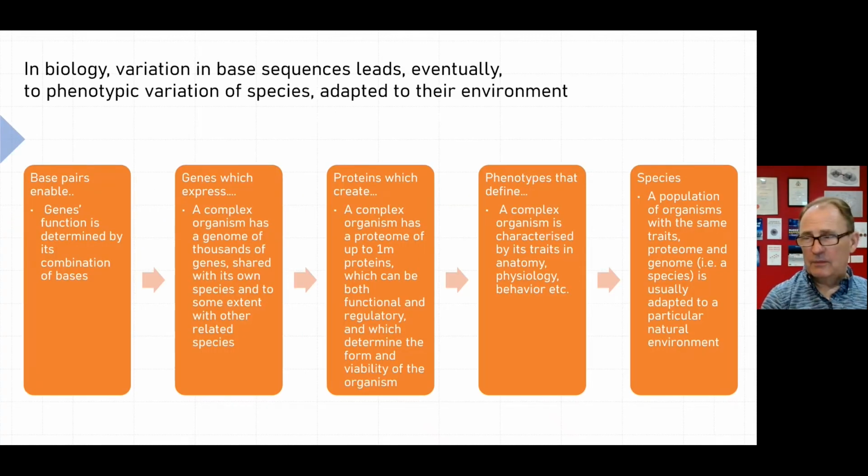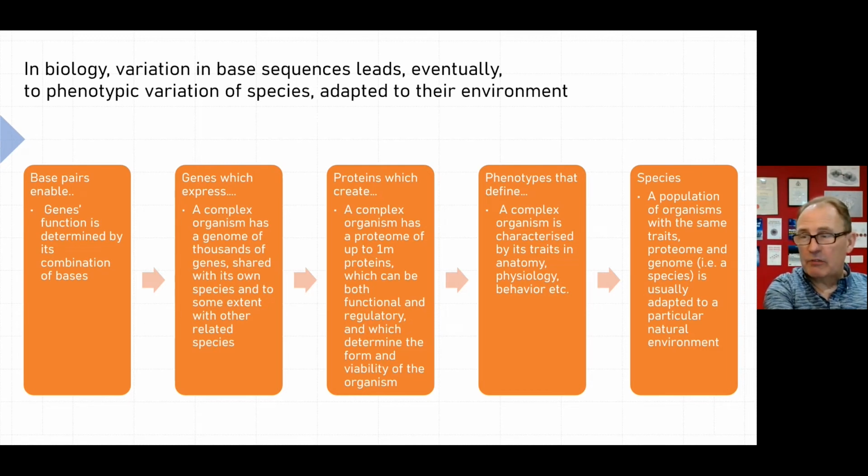So I'm sure you're all familiar with something equivalent to this. I do this myself, but it's derived from lots of other people's work. We know that we get species with particular characteristics. They're defined by their particular anatomy, physiology, behavior, and so on, the phenotype.